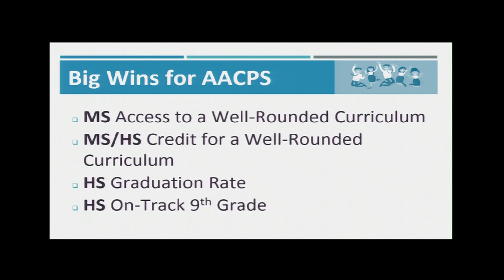So looking at the overall stars and the overall components of the program, big wins for AACPS. First, as was just demonstrated by the Curriculum and Instruction Division, we have a very well-rounded curriculum. So the middle school access to well-rounded curriculum was an area where AACPS excelled. AACPS already has several measures in place for students to attain credit in our middle and high school for that well-rounded curriculum.